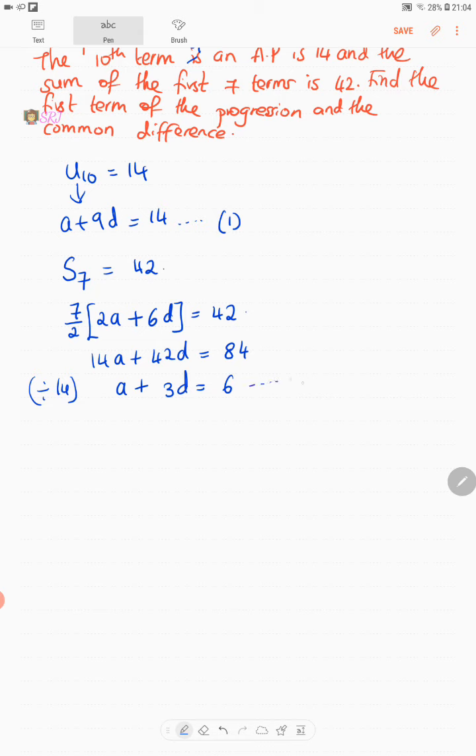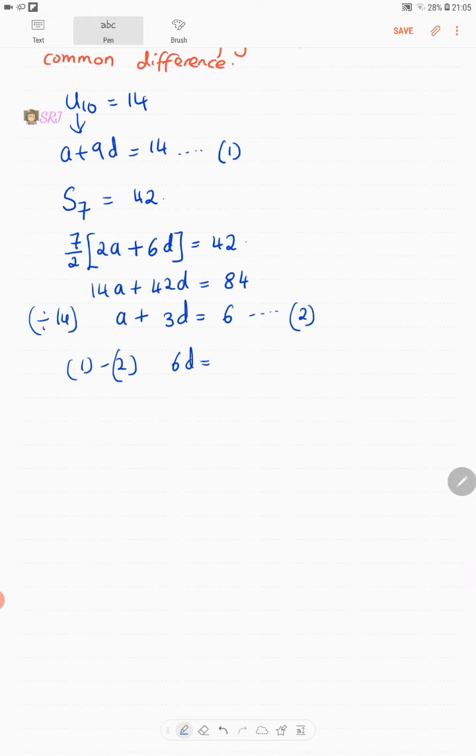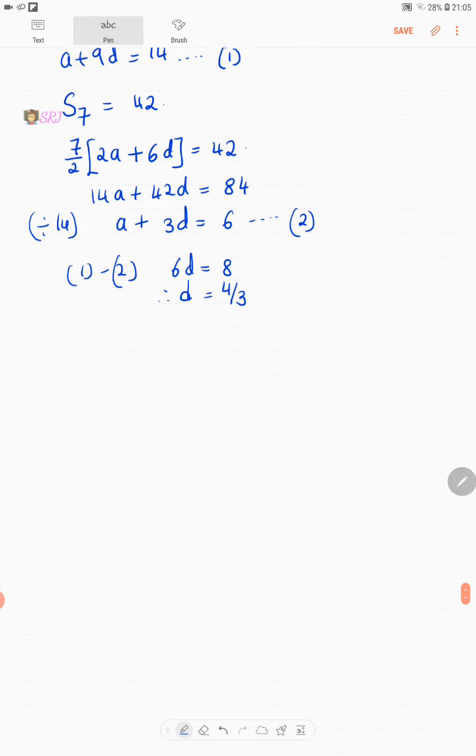So this is the second equation, which is in terms of a and d. So we can solve these two equations simultaneously to obtain a and d. So we take 1 minus 2. We obtain 6d is equal to 8. Therefore, d is equal to 4 over 3.